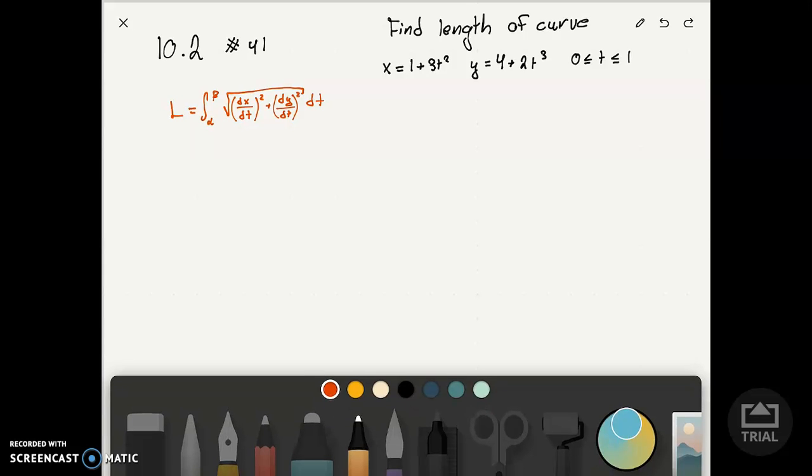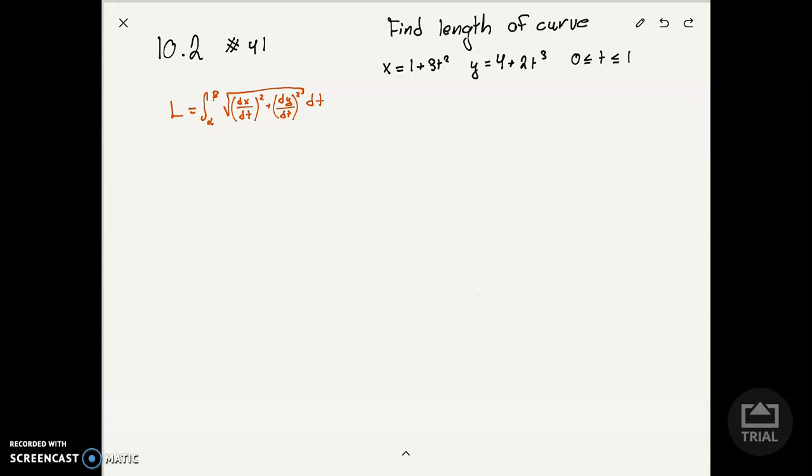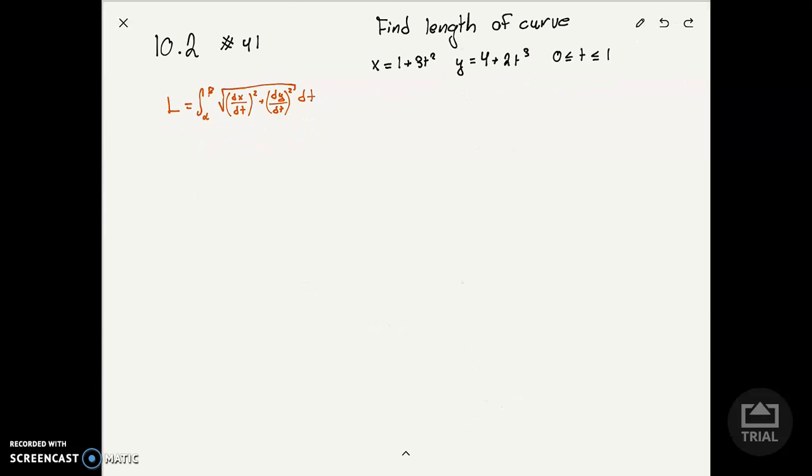So I guess we're going to see what case this is in a second. Let's just start off by taking those derivatives that we're going to need. So dx dt is equal to 6t, and dy dt is equal to 6t squared. It looks to me like this is the case where you factor something out, just because they're very similar.